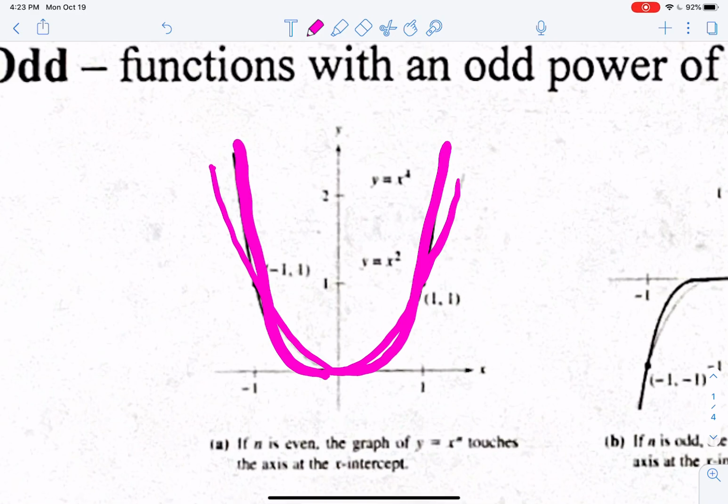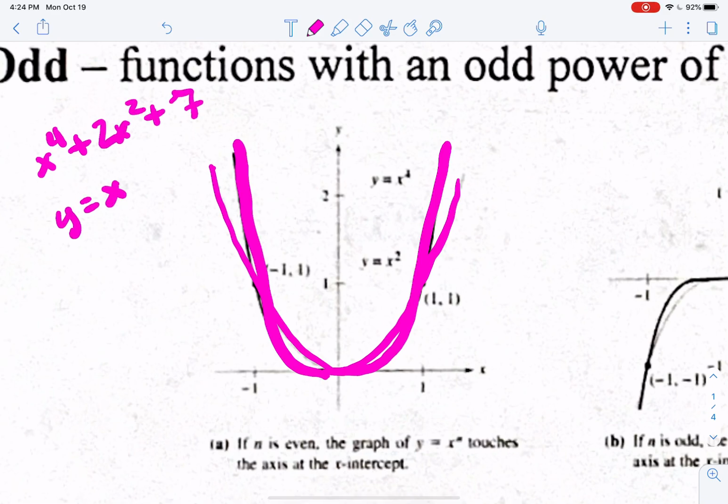I told you guys the other day that I kind of lied to you when I said that x to the fourth power looks like a w. It does look like a w if you have something like x to the fourth plus 2x squared plus 7. But just y equals x to the fourth power without any of this extra stuff looks like a flat tire, okay?